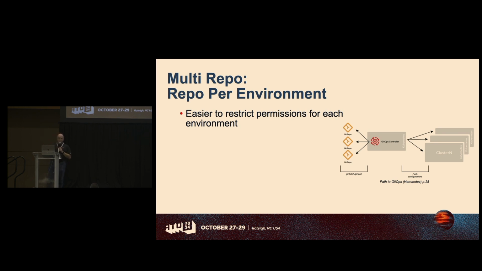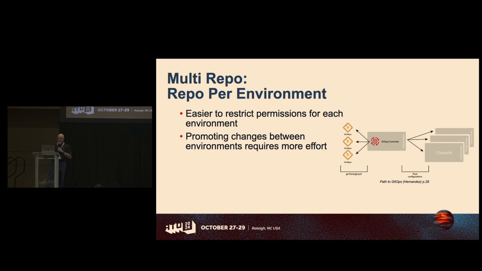You can restrict at the repo level. And if it makes sense, if you have a massive infrastructure organization, you can additionally restrict at the folder level within that. It gives you another way to set up permissions for who can change what and the approvals required to push that through from one environment to the next.